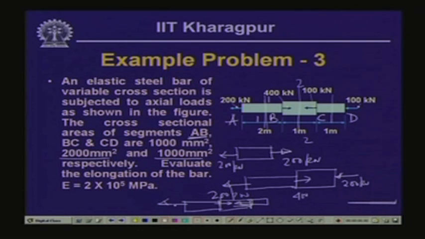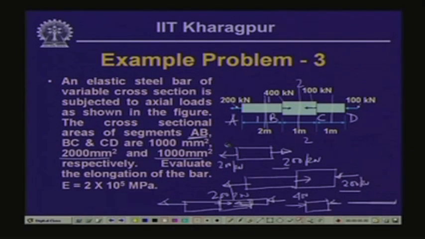So, 100 plus 200, 300 on this side, 400 on this side. So, it has to be balanced by 100 on this side. So, this particular segment is subjected to 100 here, 100 here, which is under compression. So, the first part is under tensile pull of 200 kilonewton, the central part is under compression of 200 kilonewton, and the third segment is under compression of 100 kilonewton.